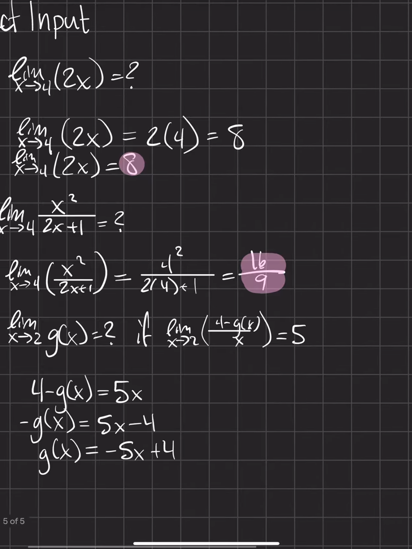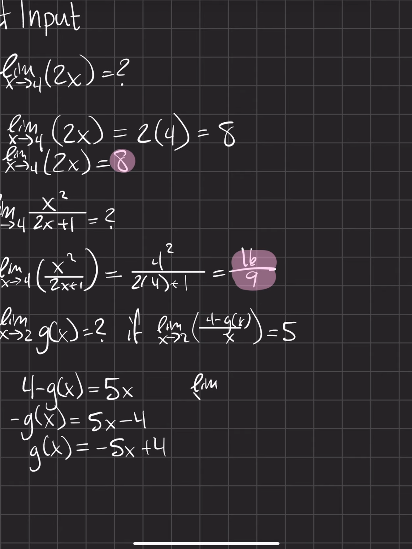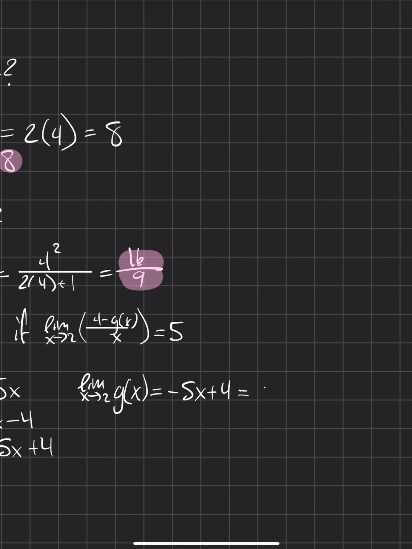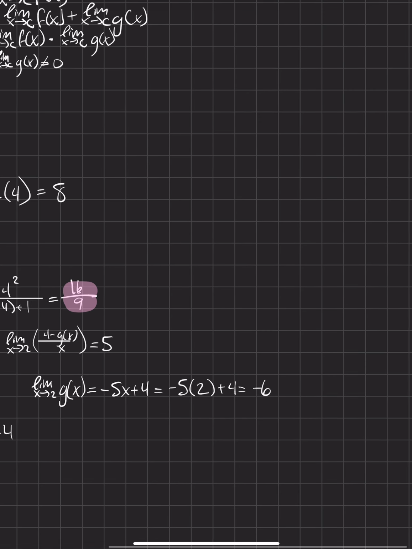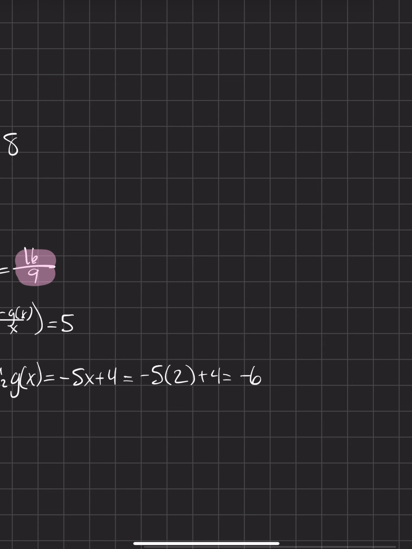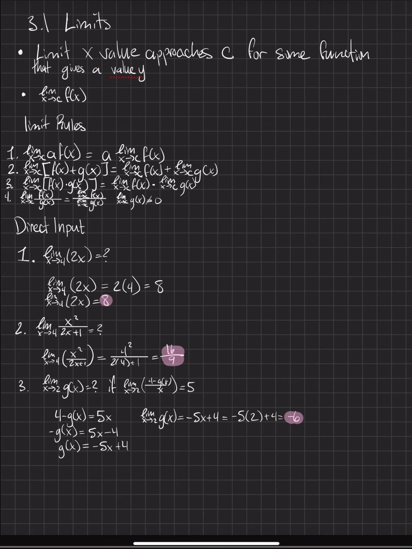So then when we do that, we just plug it in here, where we know that g of x is equal to -5x plus 4. And then we're going to plug in our term here. And then when we put that all together, we're going to get the limit as x approaches 2 of g of x is going to be -6. Just highlight our answer here.